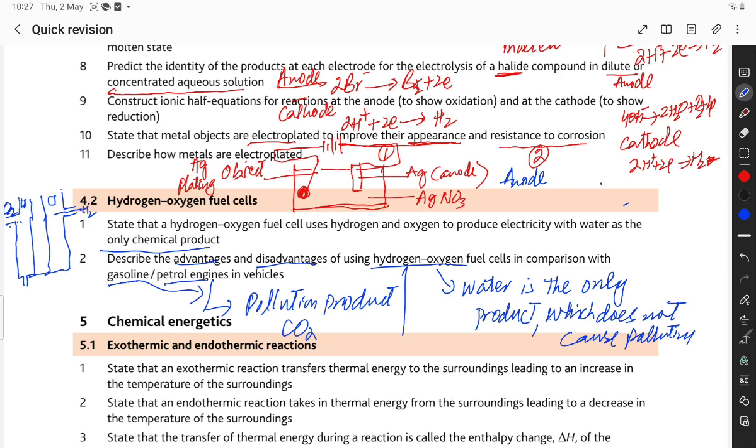Platinum electrode which is connected with a bulb. The electrolyte is potassium hydroxide.